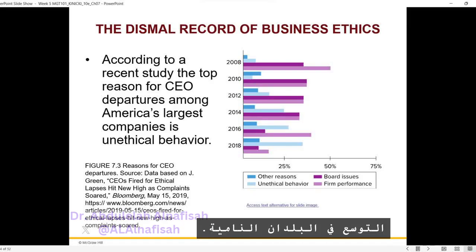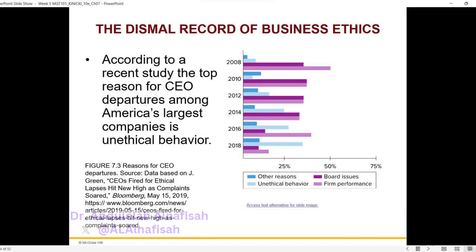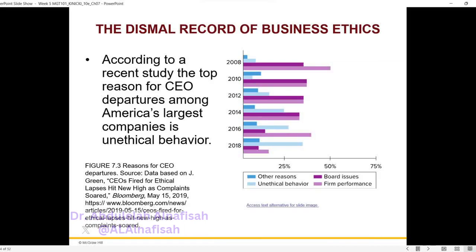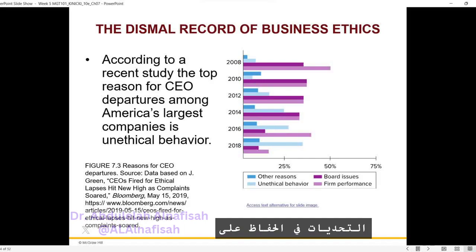3. Expansion into developing countries. Companies expanding their operations into developing countries may face ethical risks due to different cultural norms, legal frameworks, and weaker enforcement of laws. Operating in these environments can pose challenges in maintaining ethical standards. 4.